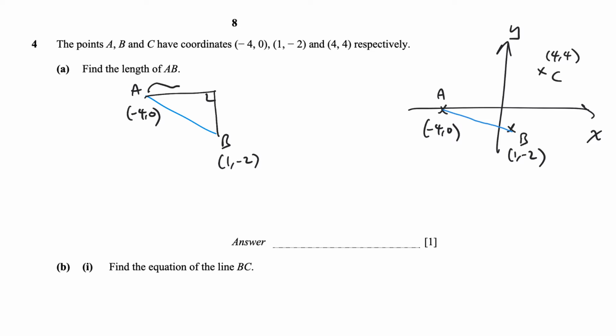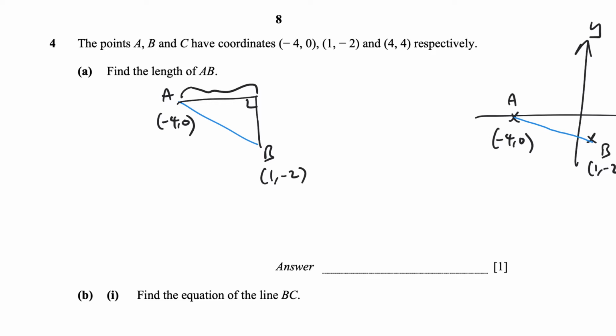So what is this length from -4 all the way to 1? This is simply 5 units. Agree? Or if you want to calculate that, you can say it is 1 minus -4, which is 5.